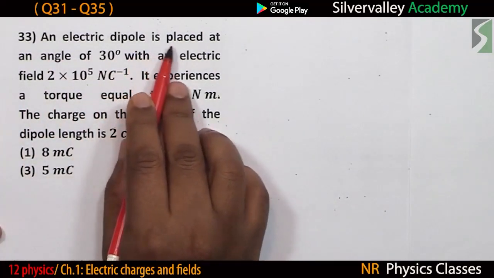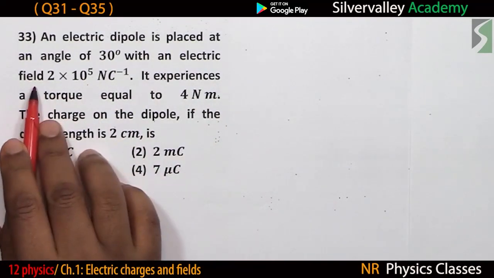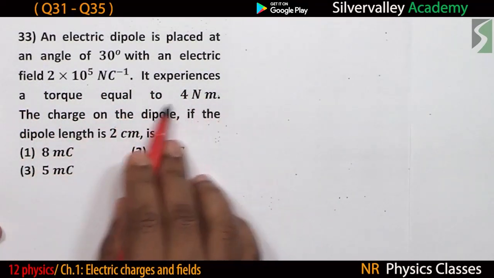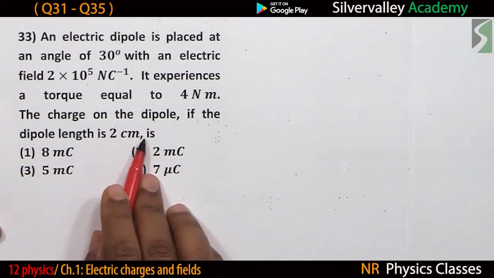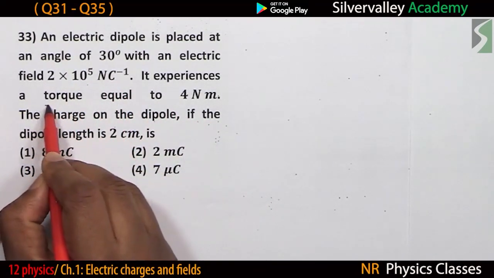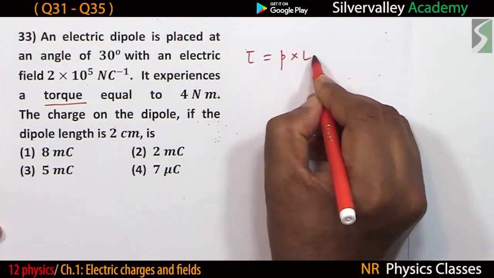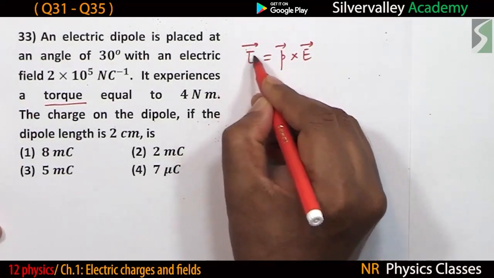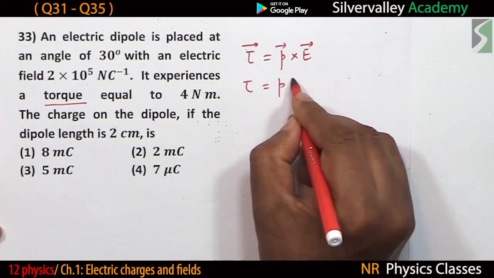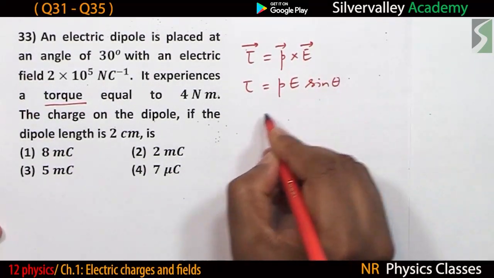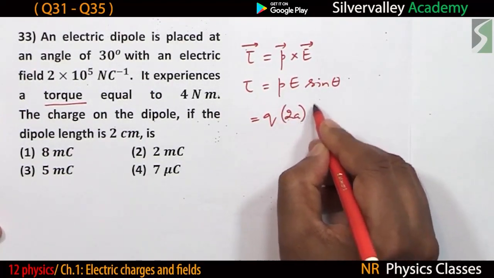An electric dipole is placed at an angle of 30 degree with an electric field. It experiences a torque equal to 2 10 power minus 5. Find the charge on the dipole if the dipole length is given. So they are talking about torque. Torque equals P cross E, cross product of vectors, vector form. Magnitude of torque is PE sin theta. P is Q into 2A, where 2A is the distance between the charges.